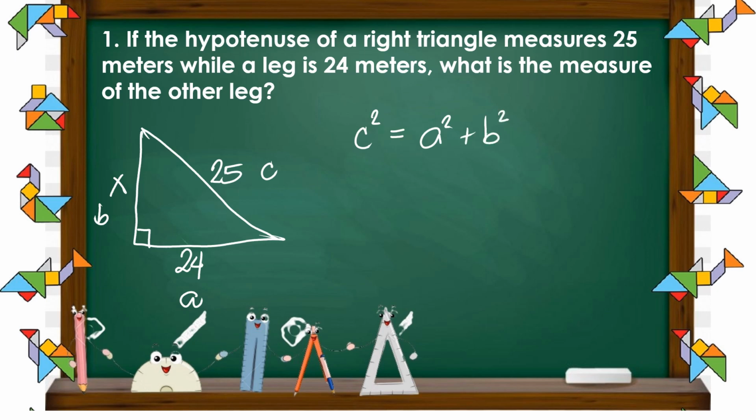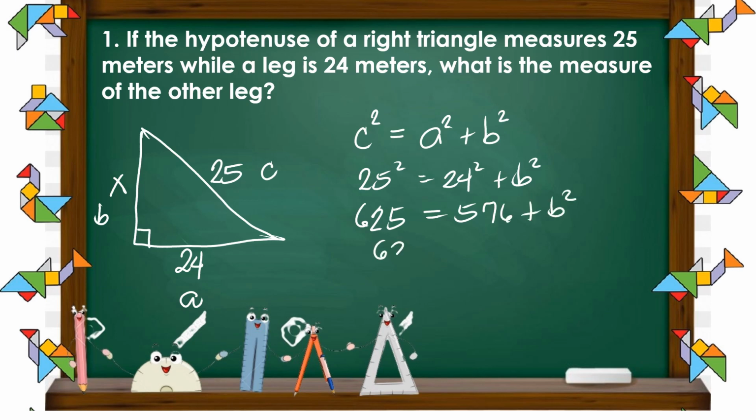We have the given, your C is 25, A is 24, and we need to find the value of B. So 25 squared, that is 625, equals 576 plus your B squared. If we transpose, 625 minus 576 is equal to B squared. If we subtract, this is 49.